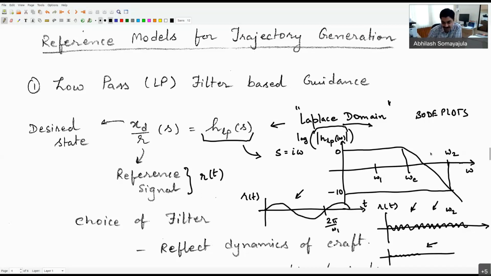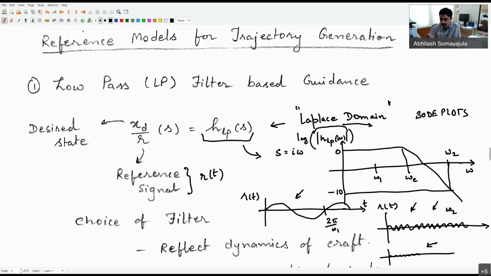So in this case, as I was giving the joystick commands, even if unknowingly we are doing some extra high frequency variation, that will get attenuated when I'm looking at the so-called desired X, Y, and psi that I want to follow. And that's a good design. Why?